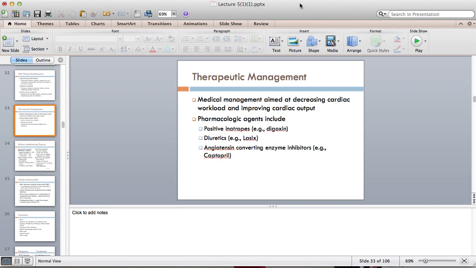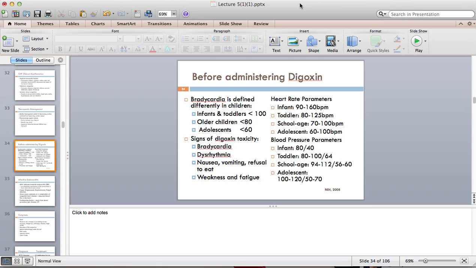For us, we have put down infants and children, any heart rate below 100. Older children, 80. Adolescents, 60. Okay? And then you need to know signs of digoxin toxicity.